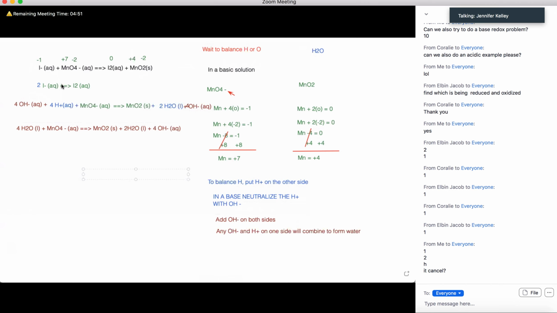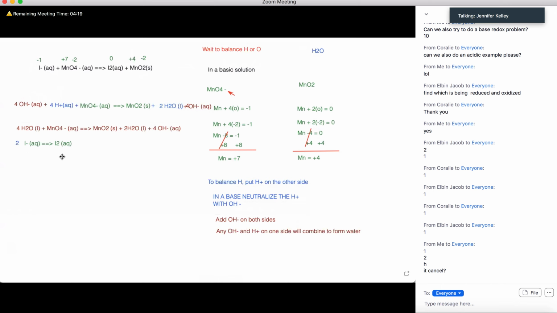Now, I want to add the electrons that I need. All right. So to do that, I need to look at the thing that's changing oxidation state. In the iodine one, there's only one element. It has to be iodine, right? Because it goes from iodine -1 and then it's got a 0.